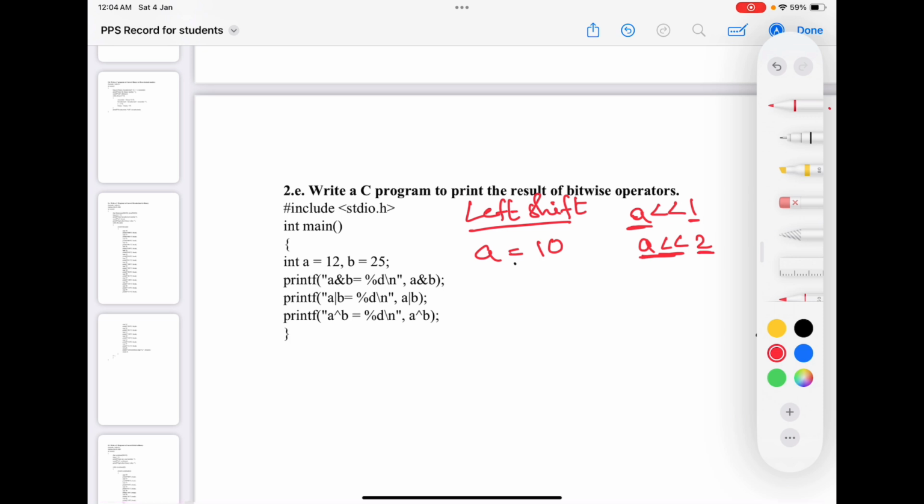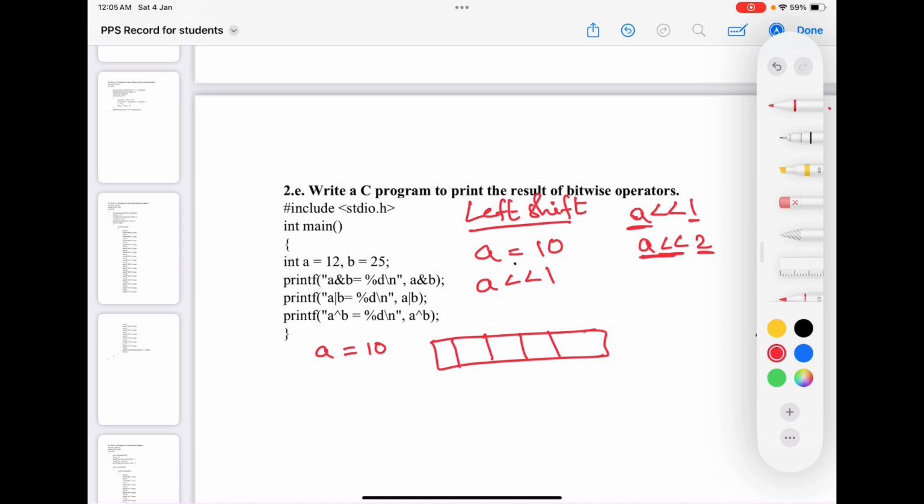Now let's see how the A value will be shifted by 1. Fine. Now I am representing the A value in binary form to understand. I am taking the A value into a 5-bit stream.